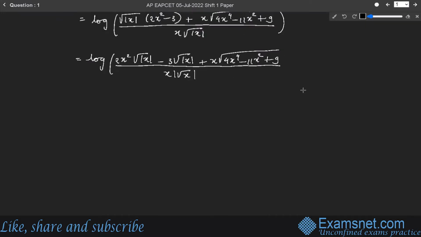We know that there is a property for log, which is log a by b is equal to log a minus log b.